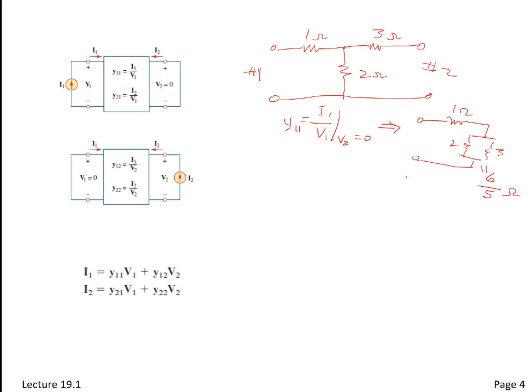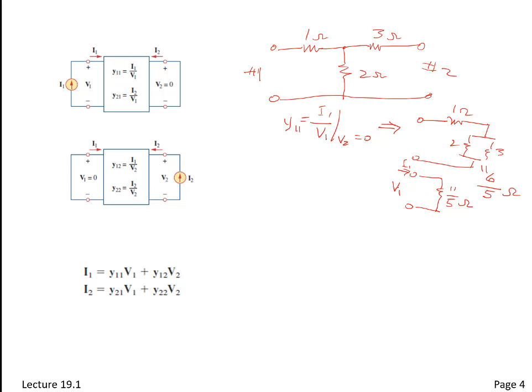So the total here would be 11/5 ohm. Okay? So now there's my I1 and my V1. So y11 in this case is going to be 11/5.